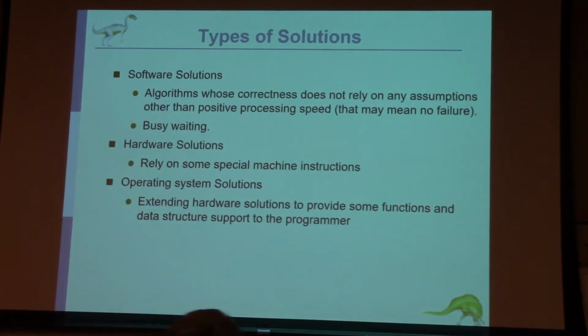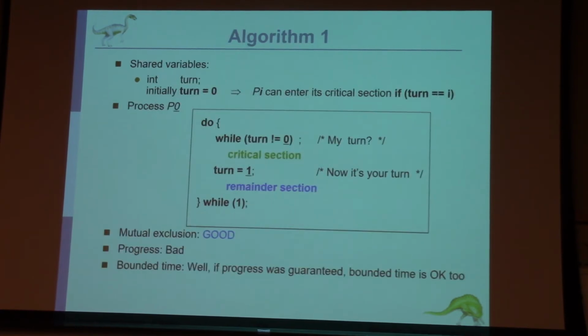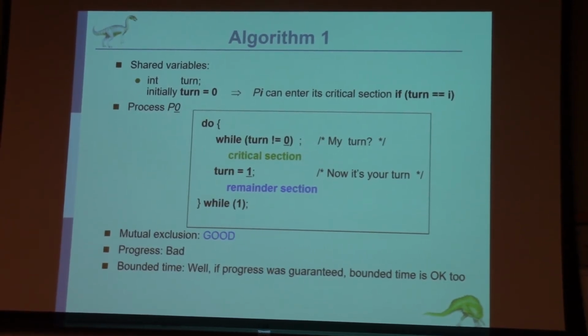Okay, there are three different types of solutions that we discuss. First, we are going to start with the software solution. The reason I'm using the slide for the synchronization problem is that it's not that simple at first, but it's not a very complicated algorithm.